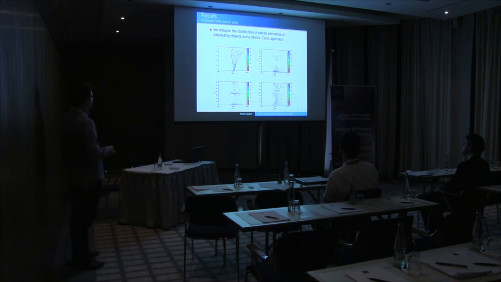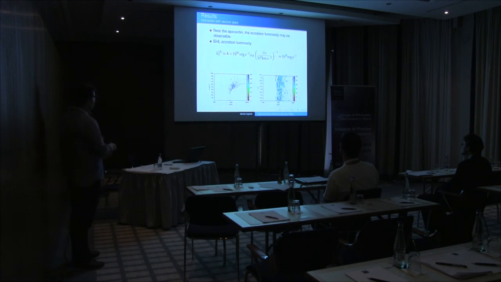Here we can see that mostly low inclination objects with respect to the cloud interact with it, and also with smaller eccentricities. And here is the longitude of ascending node and argument of pericenter.